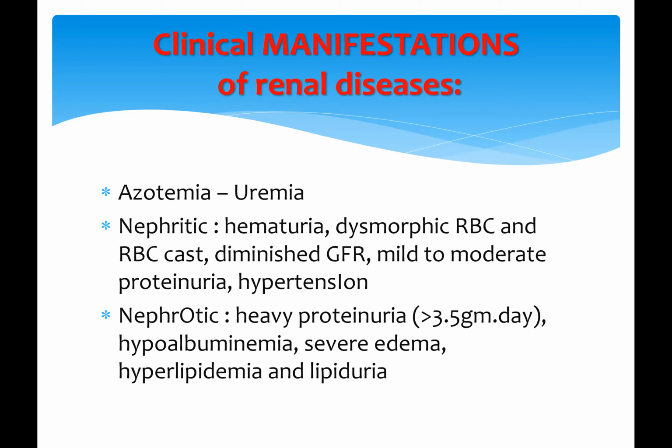In such cases, the liver tries to compensate so that usually you'll have hyperlipidemia. However, in these cases, it is also observable that it leaks out in the urine, and that is what we call lipiduria.